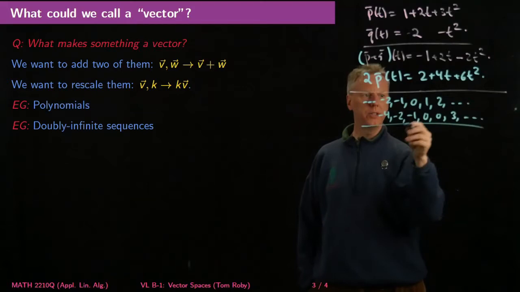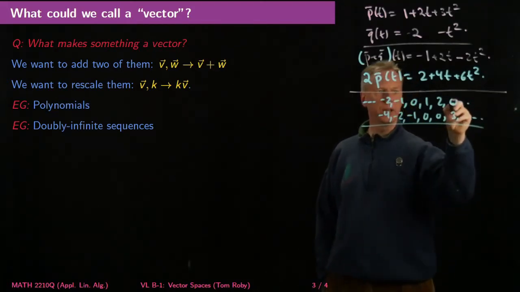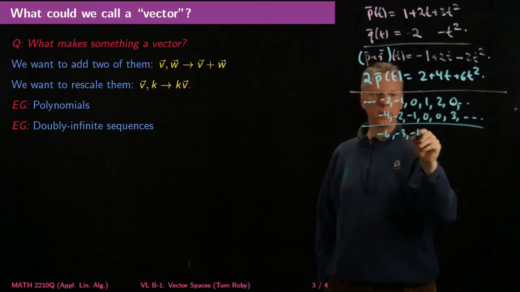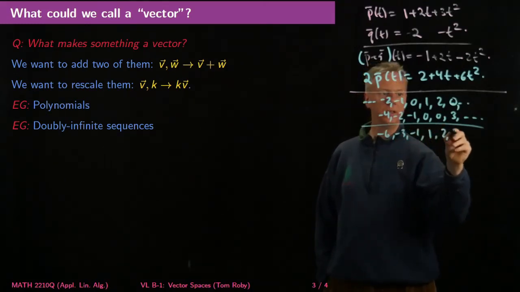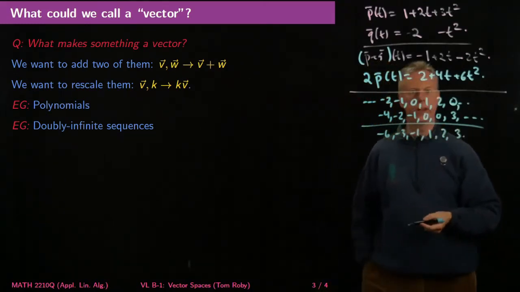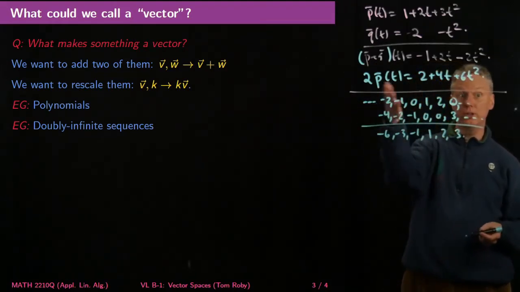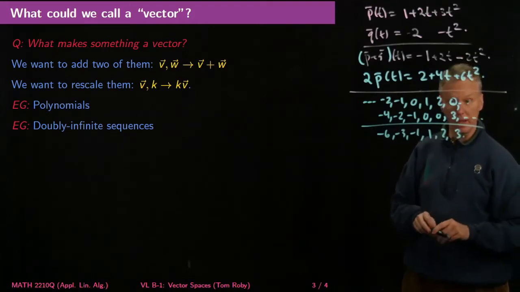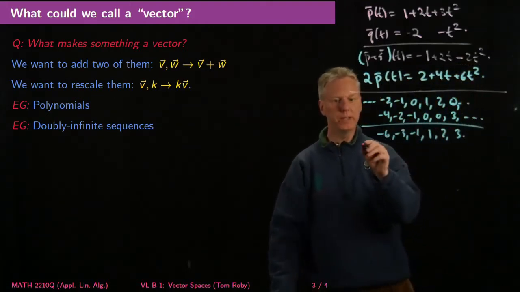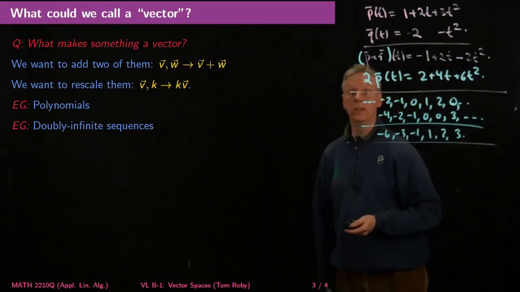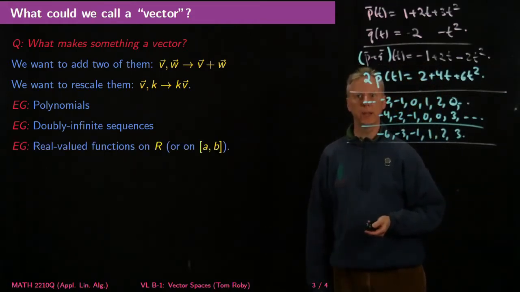I just add those term by term, calling the middle position a 0. Then I get negative 6, negative 3, negative 1, 1, 2, 3. And if I want to rescale it, I can just multiply each value through by 2 or a half or whatever I want. So doubly infinite sequences are another good example. The set of all of them will end up being what we call a vector space.